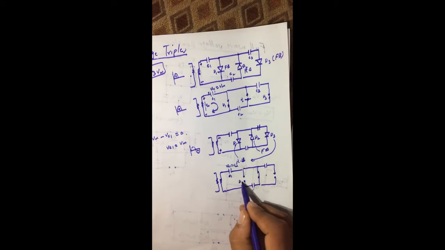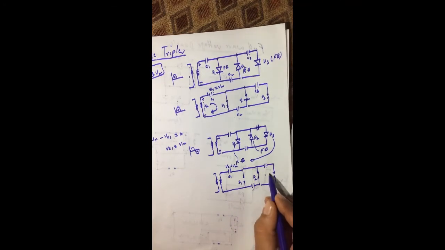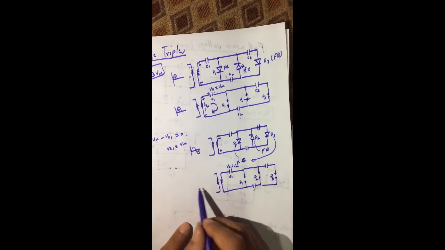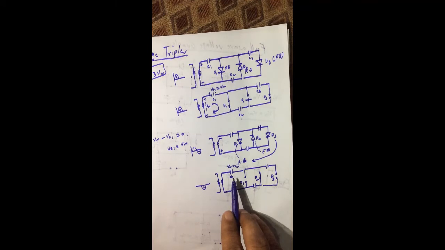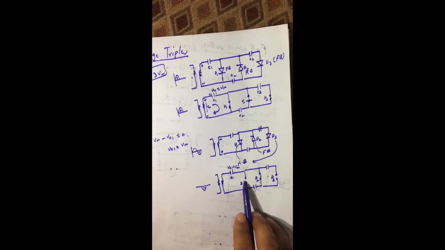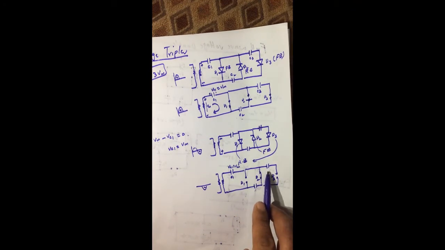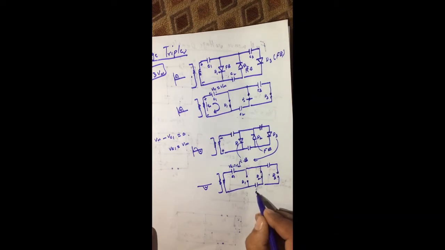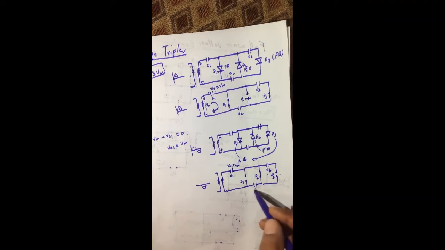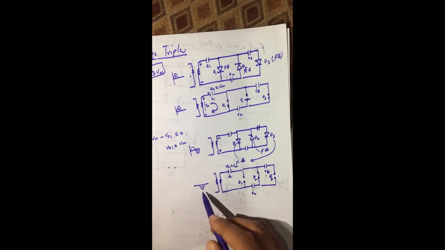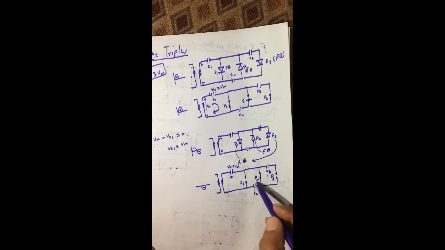This is diode D1, this is diode D2, and this is diode D3. Now during this negative half cycle, this capacitor C1 cannot discharge because this path is open. Also this capacitor C3 does not charge because this path is open. So only capacitor C2 charges during this negative half cycle, and it is charged through diode D2.